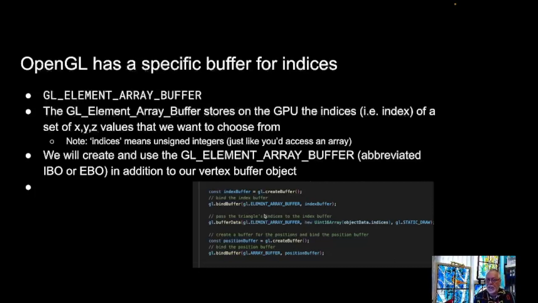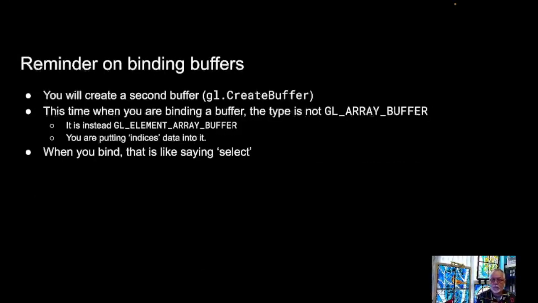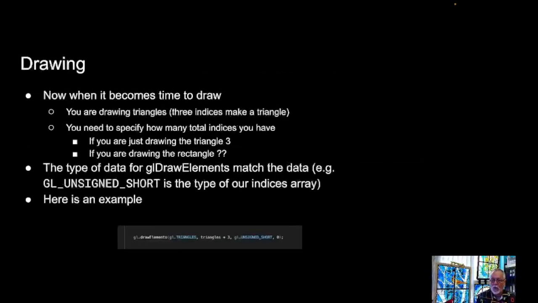So in this particular case, we're going to create an index buffer, and we're also going to have a position buffer, and then we're going to tell the GPU to render this in a different way. In the first part of this assignment, we call glDrawTriangles, and you could draw it as a set of triangles, or a strip, or a fan.